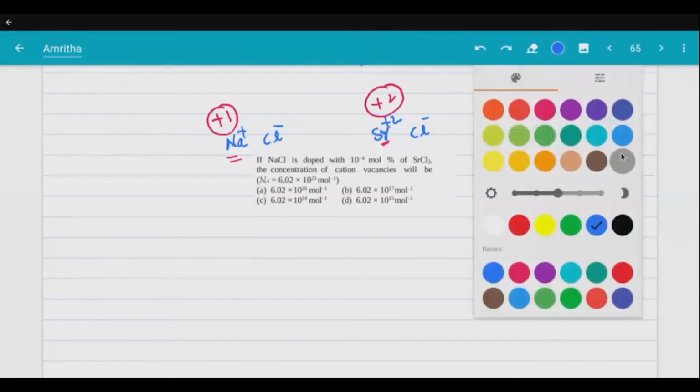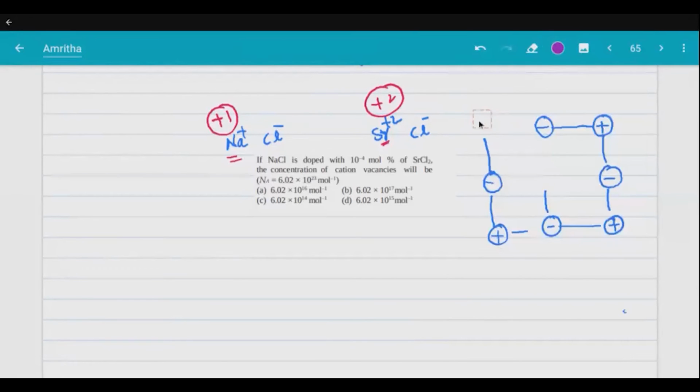I'll highlight this with another color. So this will be +2. I placed one +2, so no need to add another. This will be left vacant because I removed 2 Na plus.